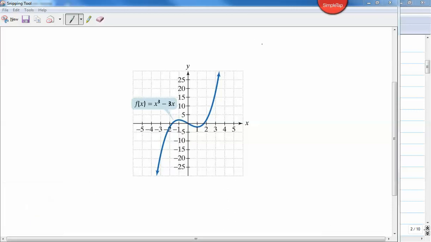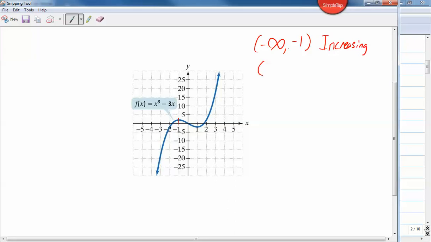Alright, so starting on the far left, I'll start negative infinity. Alright, and so I'm going up, up, up. So I'm increasing until I get to x equals -1. Right here is where I stop increasing. So I'll put -1. Then I'll remind myself, so I write over here to the side, I was increasing on that interval.